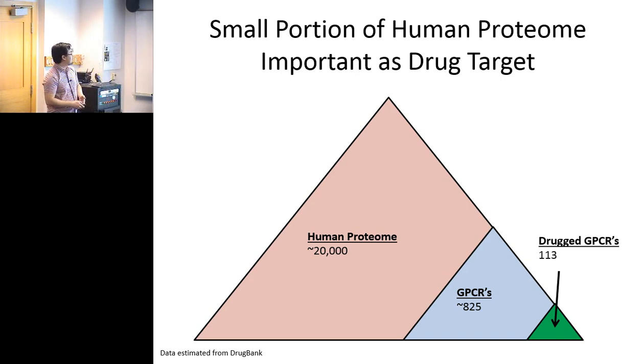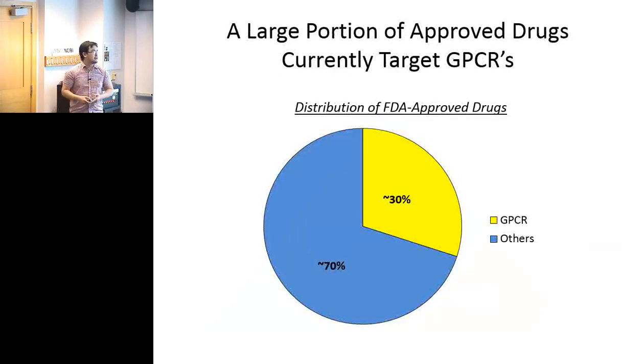And furthermore, roughly 30% of drugs on the market today target GPCRs. This number really varies between 30 to 50% depending on the source that you read from, but this is generally the estimate. So therefore, it's a very attractive target for drug development.